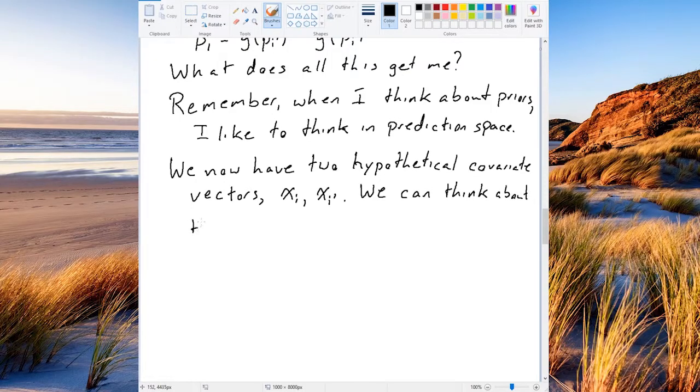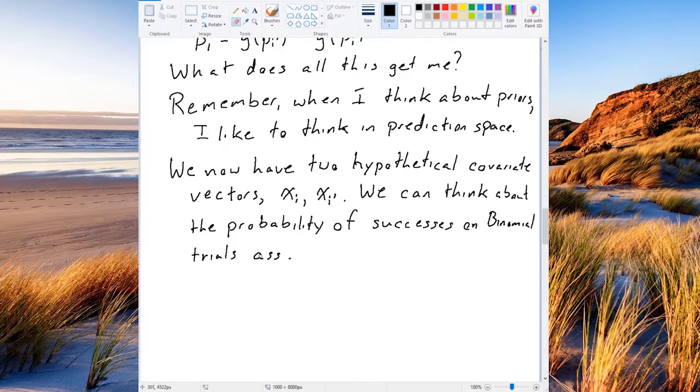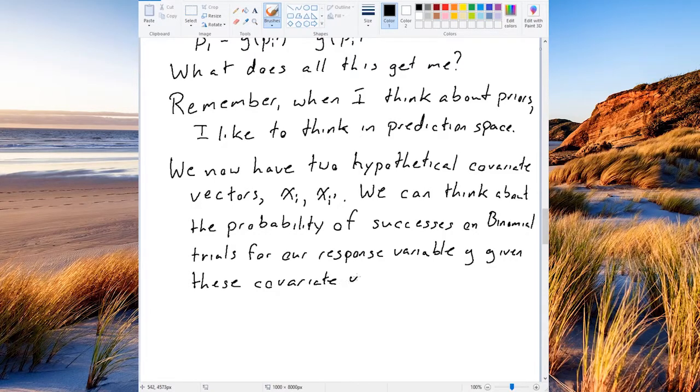We can think about the probability of successes on binomial trials for our response variable y given these covariate vectors.